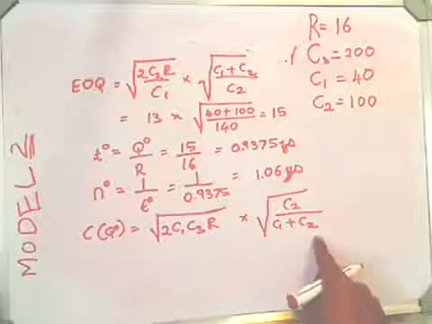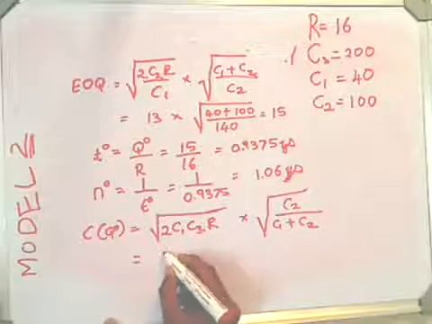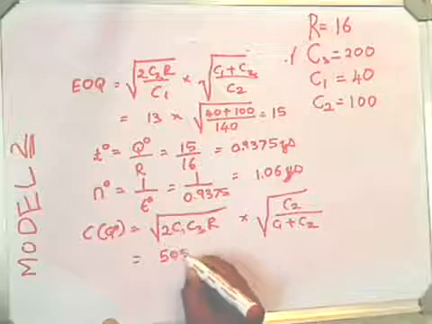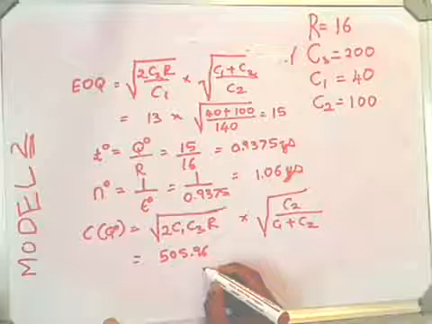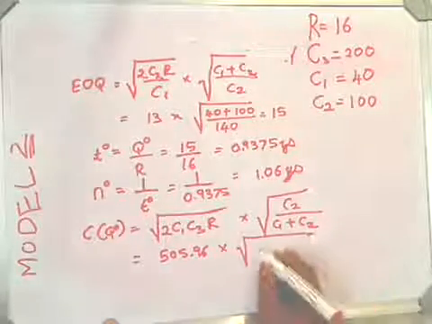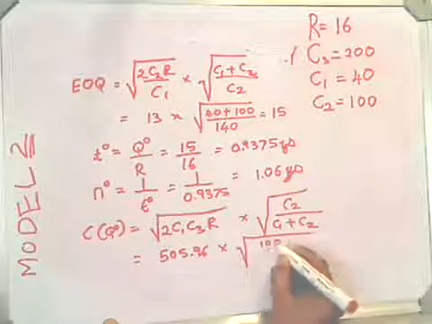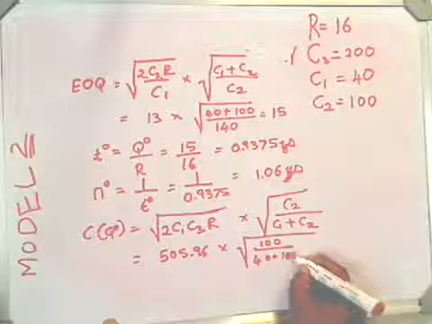Here what I'm going to do, I've already got the value here. In the previous answer it was 505.96. Now if I were to substitute the values here, C2 would be 100 divided by 40 plus 100 again.